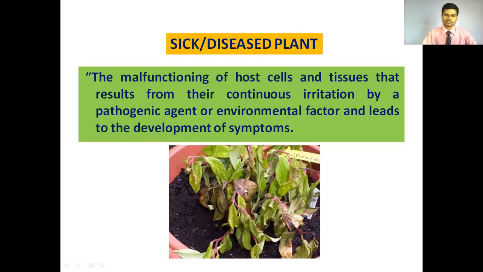What is the cause of this condition? This condition is caused by a pathogenic agent acting on the host plant, or it may be due to an environmental factor. That's why we see the appearance of this plant as a sick plant.